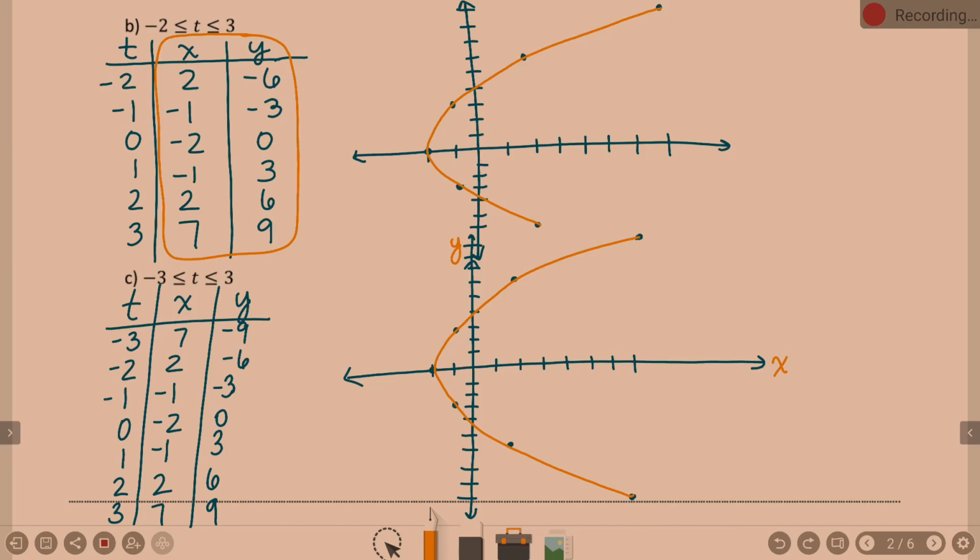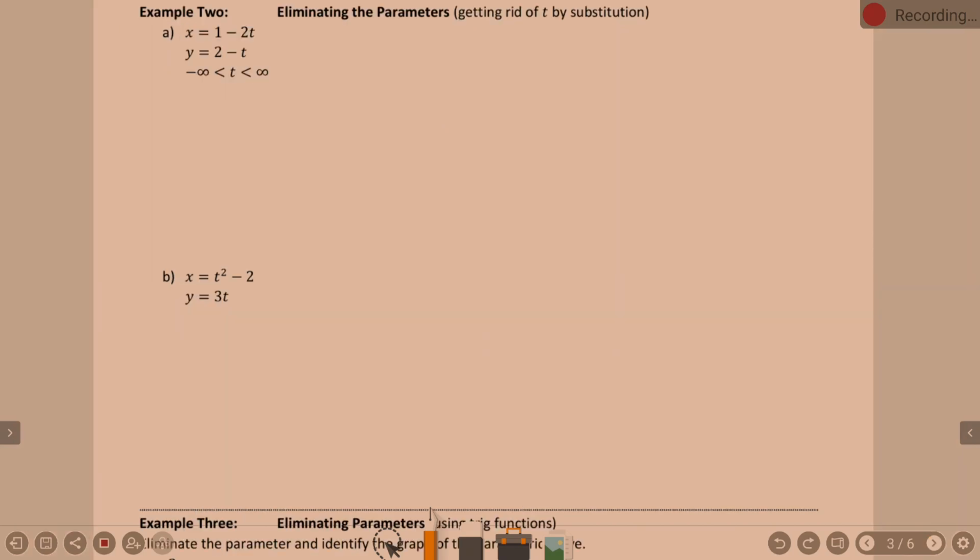On the back side, so on the front side, we spent our time looking at the graph and how it looks because we don't have just one equation to look at. On the back side, the idea of what we're going to look at here is, okay, we have our parametric equation, so it's defined with two curves, but we're going to look at it now in terms of how can I make it just one regular equation?